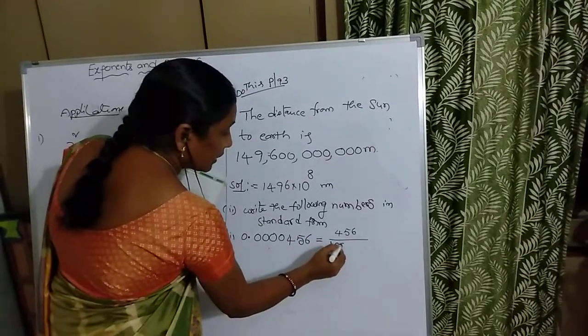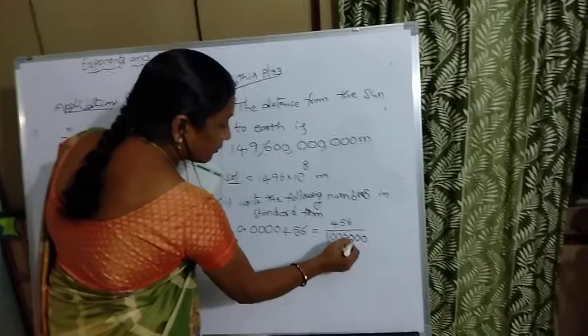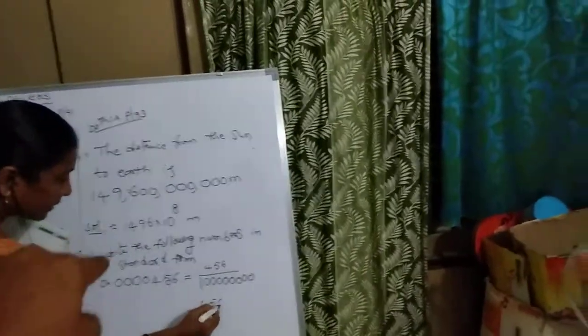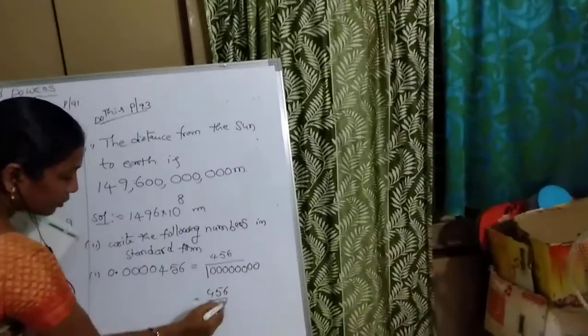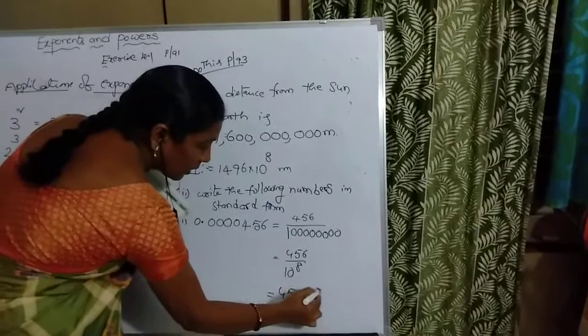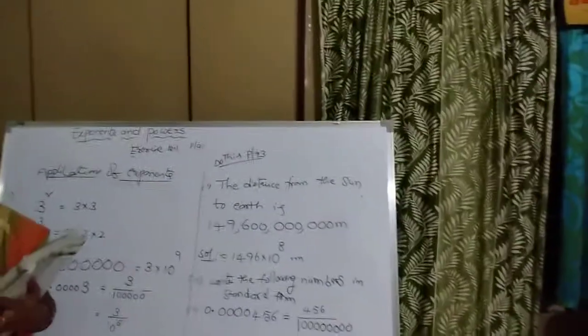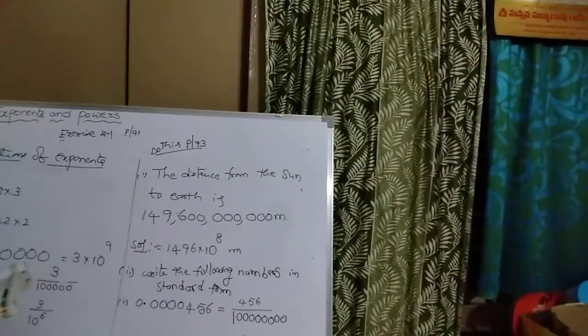So 1 is followed by 8 zeros. So this becomes 456 divided by 10 to the power 8, and it can also be written as 456 into 10 to the power minus 8.